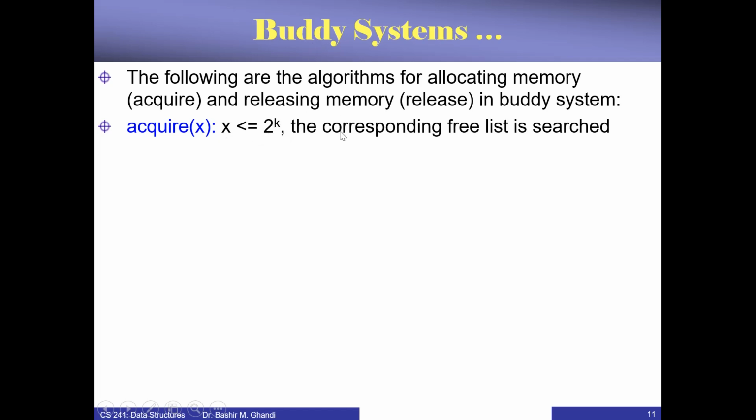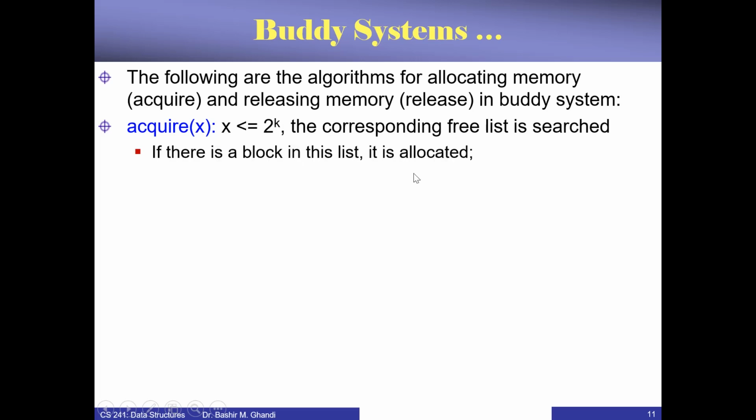the buddy system will search the corresponding free list. Remember, we have many free lists, each one representing a certain size, which is a power of 2. So we're going to search within the linked list of size 2 to the power k.